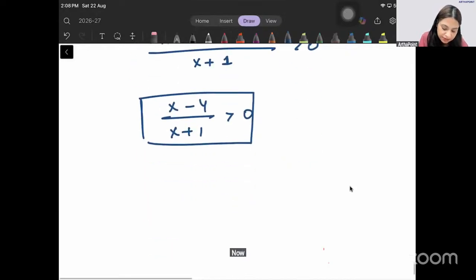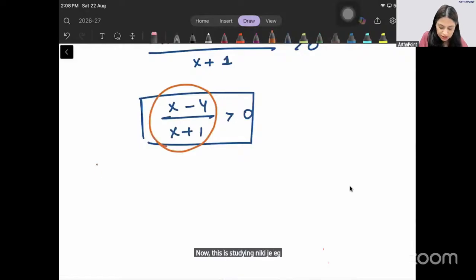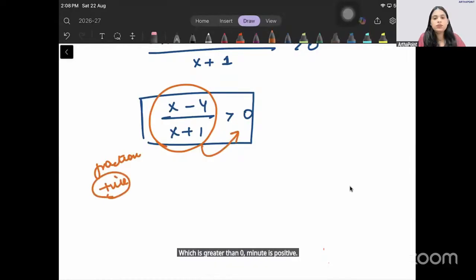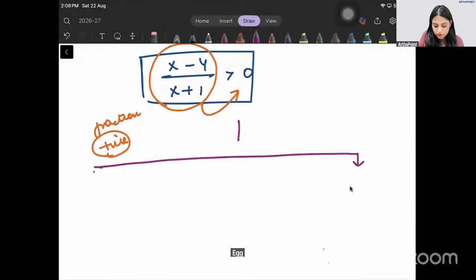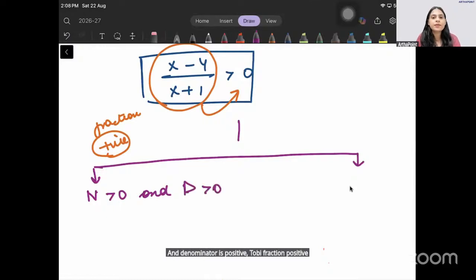Now this is telling me that this is a fraction which is greater than 0, meaning it is positive. When is a fraction positive? A fraction can be positive in two scenarios. When numerator is positive and denominator is positive, then the fraction is positive.